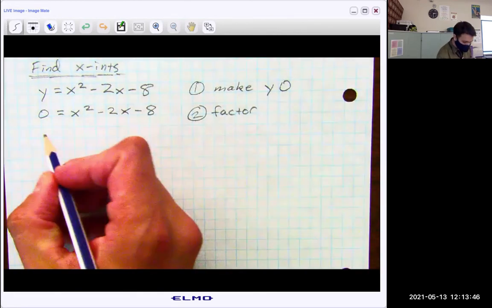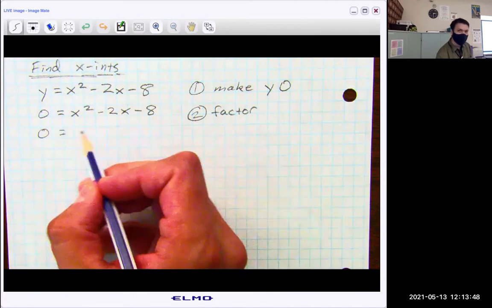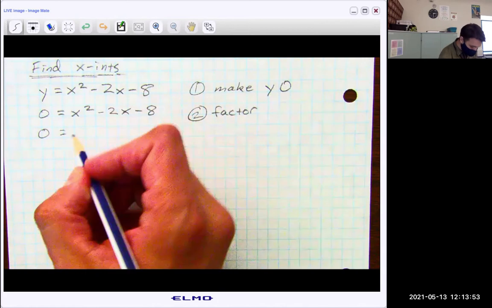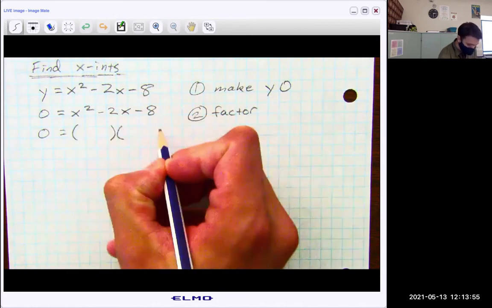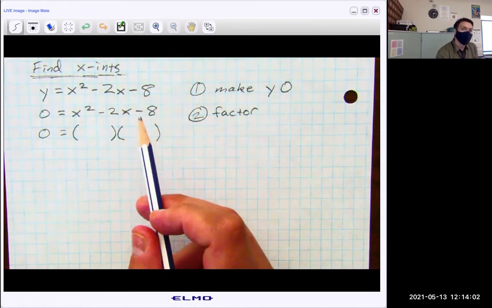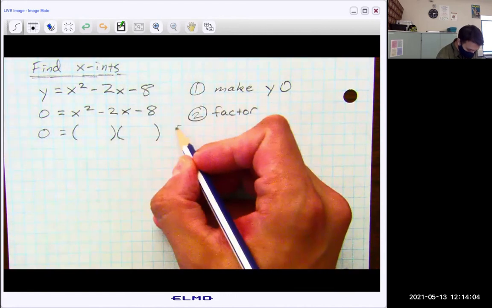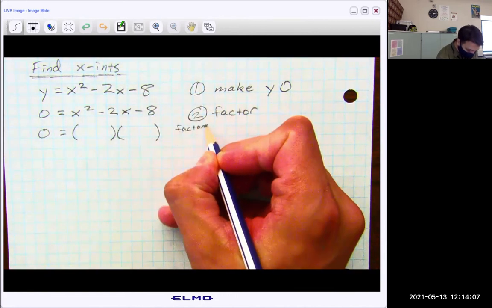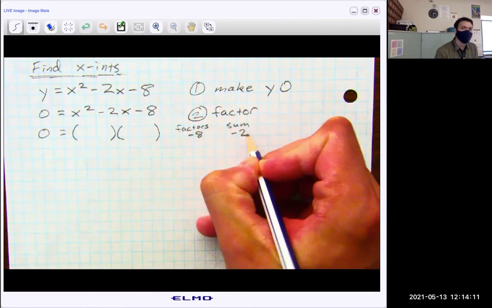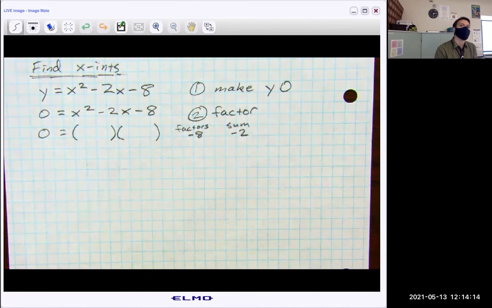So what I'm going to do is, instead of trying to do inverse operations, I'm going to ask myself, how did they make this? And I know they made it by multiplying two things together. Remember, we did this before a while back. We factored polynomials. I want to figure out what factors of -8 are going to add to be -2. If I figure that out, then I can figure out what they multiplied to make their polynomial.